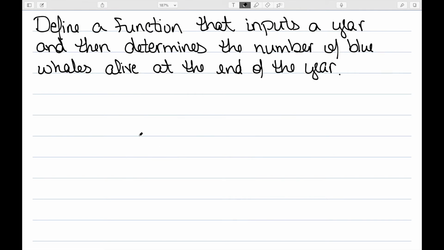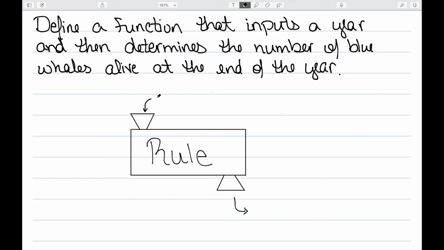As another example, I want to define a function that inputs a year and then determines the number of blue whales alive at the end of the year. This time on my function machine, I input a year, such as 2019. And then we will output a number, which is the number of blue whales alive at the end of the year.